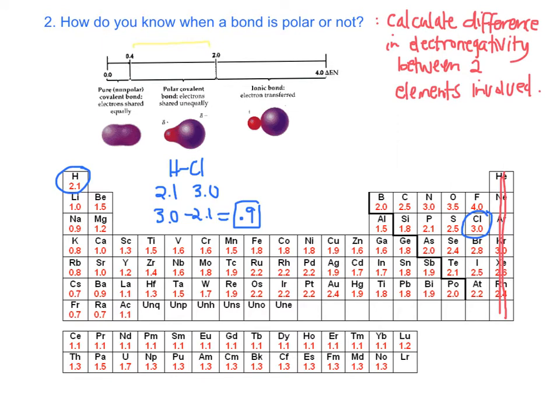You'll need to know that range. That's how I knew that my hydrogen chloride bond was a polar bond, because this fell in that range of differences of electronegativity. The same is true for the bond between hydrogen and, say, carbon. If I have a bond between hydrogen and carbon, the hydrogen has an electronegativity of 2.1 and carbon is only 2.5.